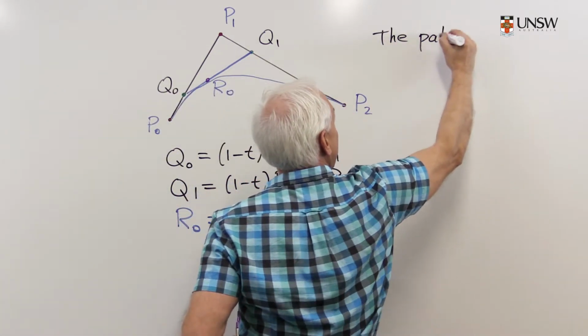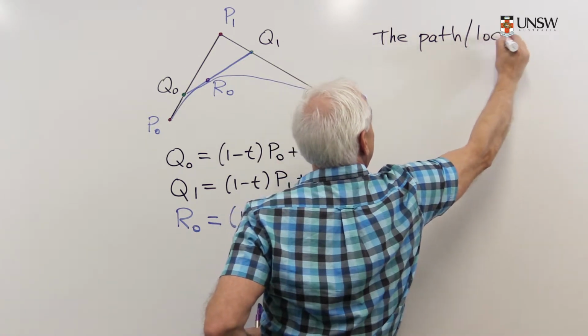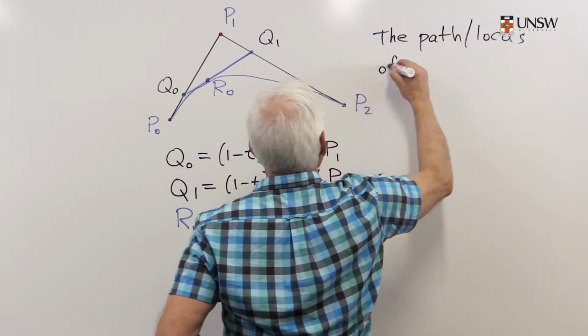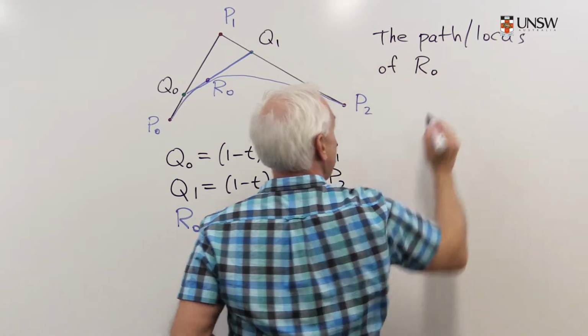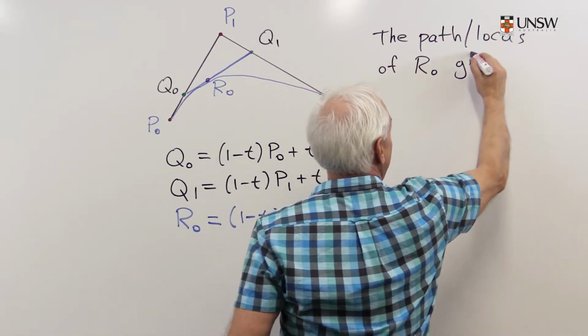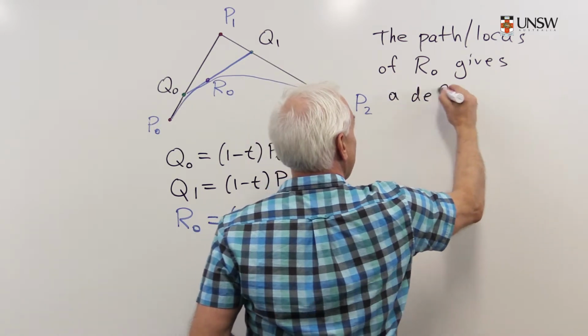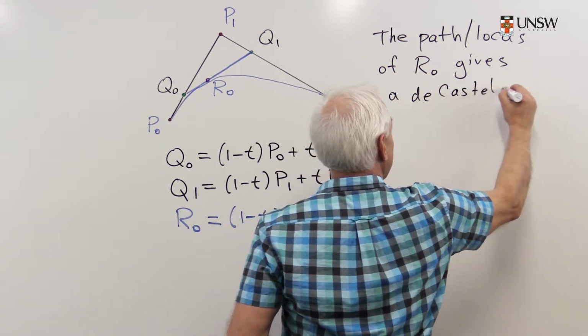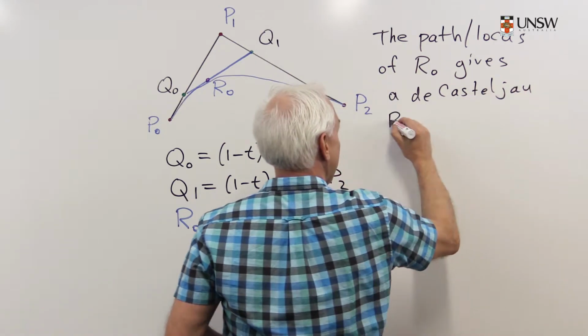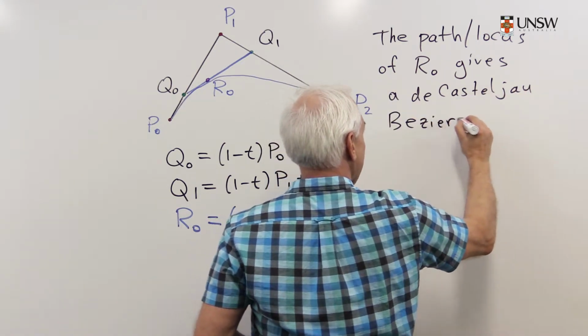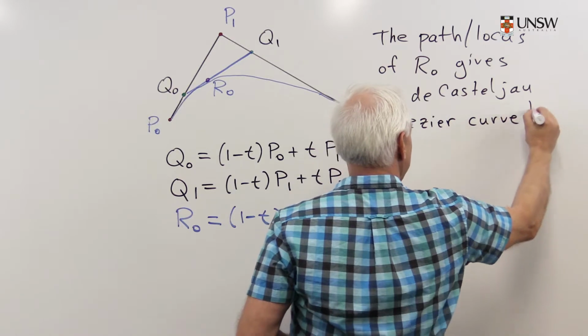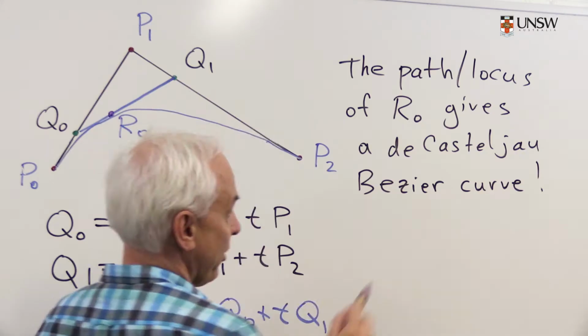The path, or locus, of our point R0 gives a de Casteljau Bezier curve. And that's the curve that we're interested in.